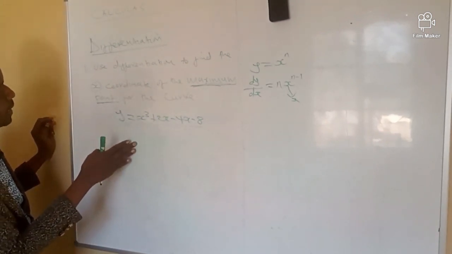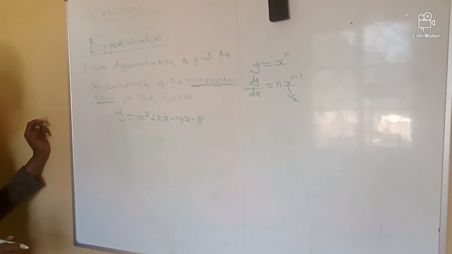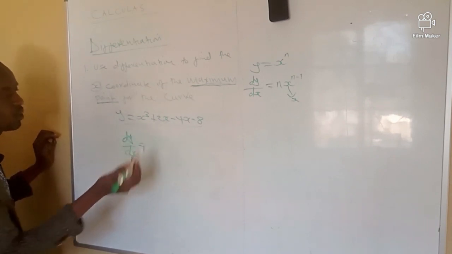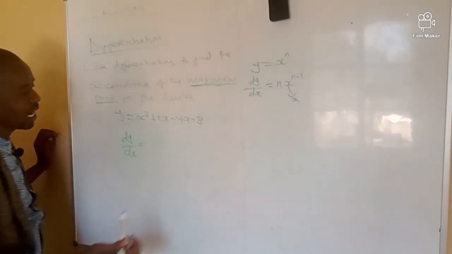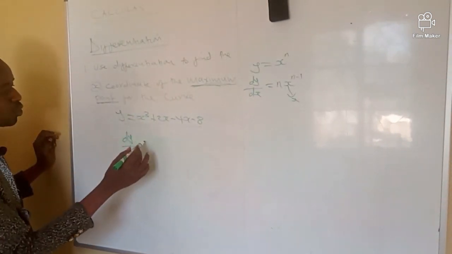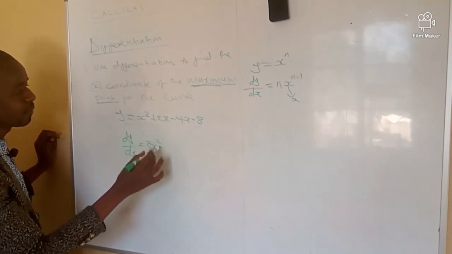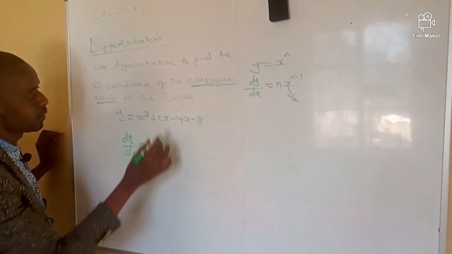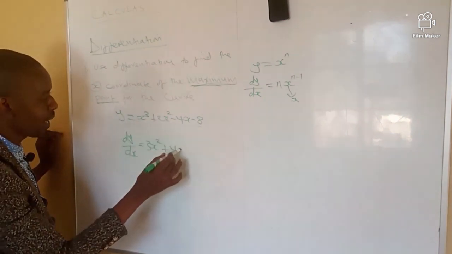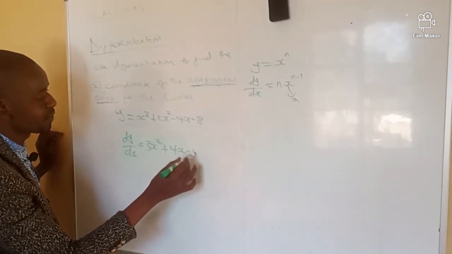So the first thing here is to differentiate this polynomial and say dy over dx is equal to, let's differentiate, because now we have seen how a function can be differentiated. This is going to be 3x squared plus, this should be 2x squared, plus 4x minus 4.